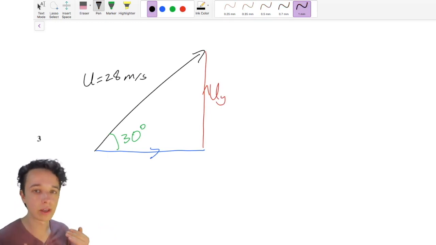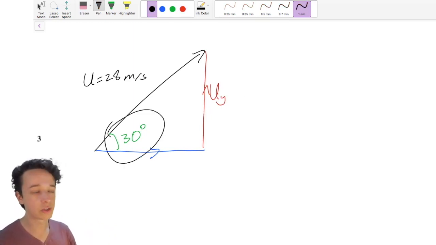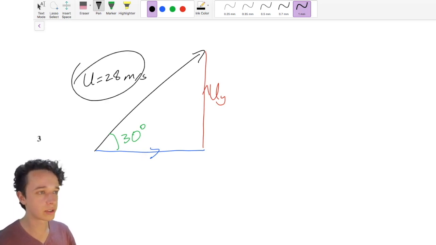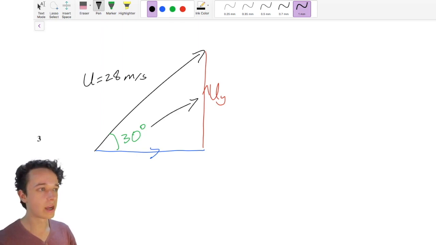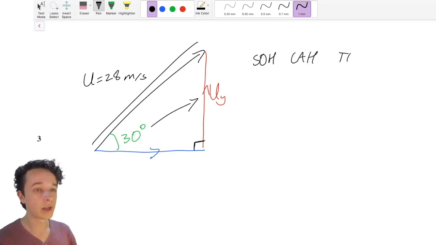To find uy, you have to think about how uy is related to the information that we're given, the information being the 30 degrees and the 28 meters per second. Well, uy is opposite the 30 degree angle, and the 28 meters per second is the hypotenuse of this triangle. We have that little phrase, SOH CAH TOA. If we have something that is opposite and a value for the hypotenuse, opposite over hypotenuse, we're using sine.